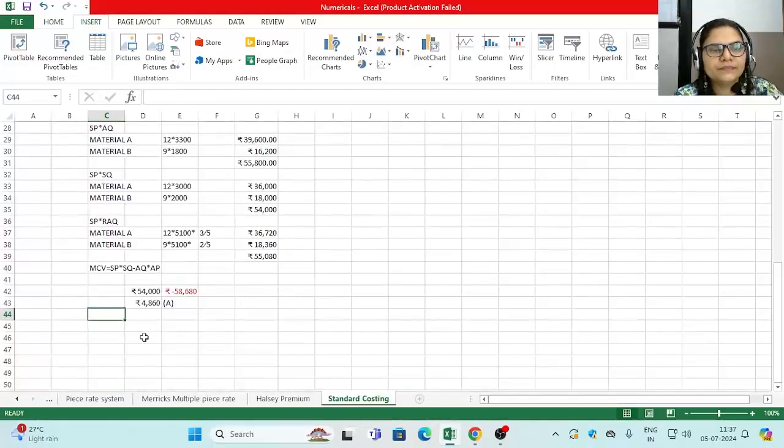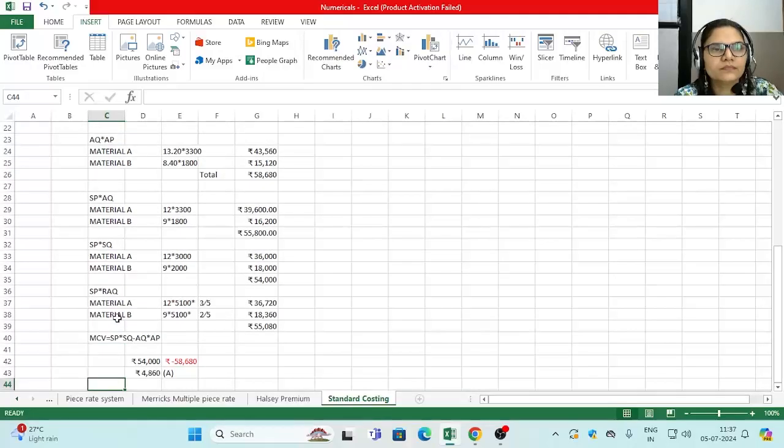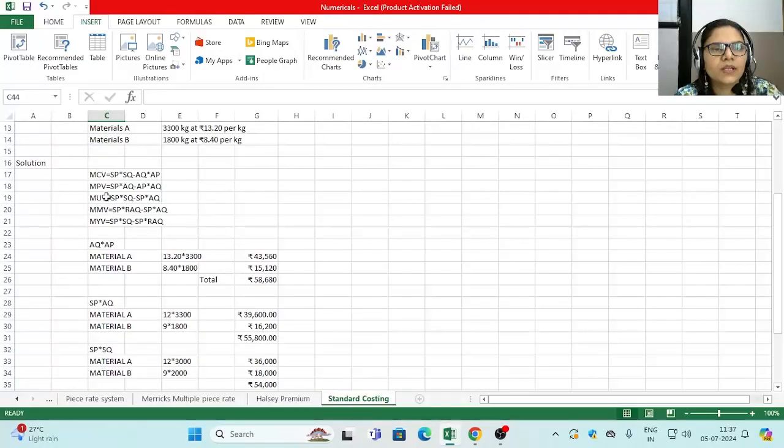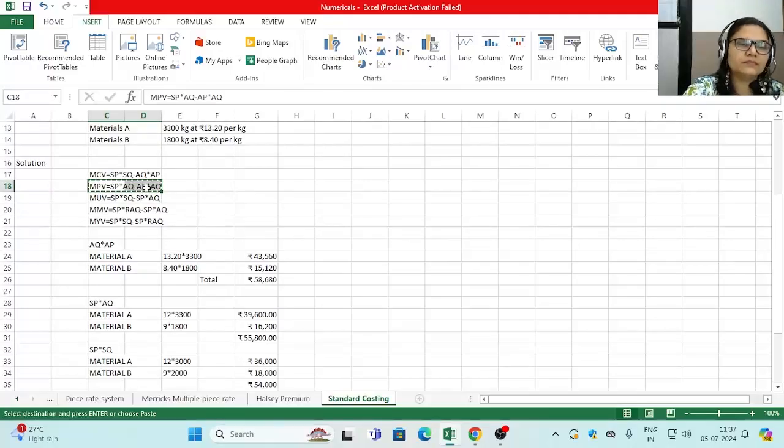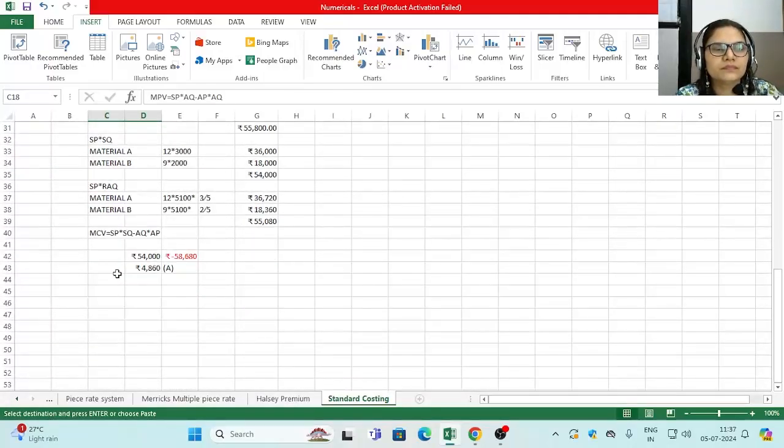Next is material price variance. Material price variance is equal to SP into AQ minus AP into AQ.